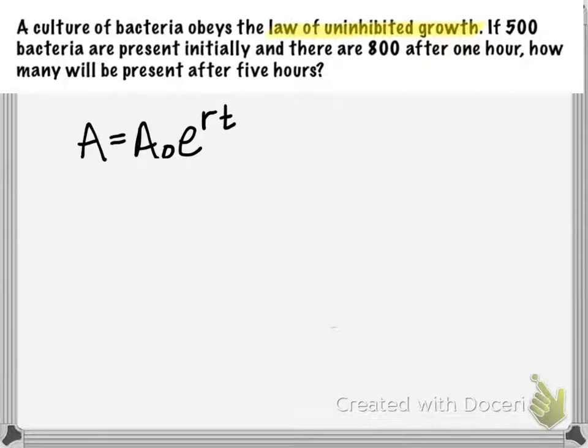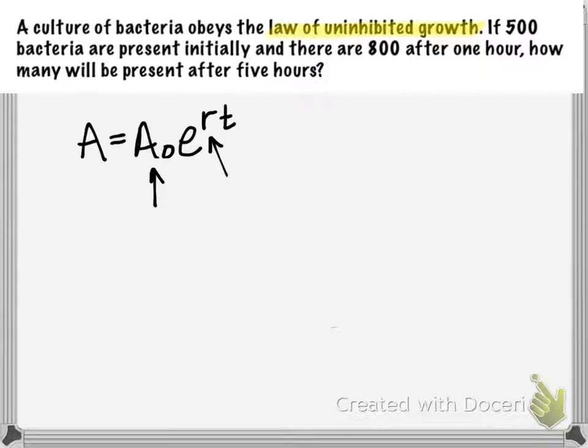So I'm going to start off showing how we can determine the answer to this problem using our exponential model. I would begin by organizing the information in the problem in a table. Remember that A sub 0 is our initial population, so that's going to be a constant. And then r, the growth rate constant, or the relative growth rate, is also a value that we're going to be able to solve for.